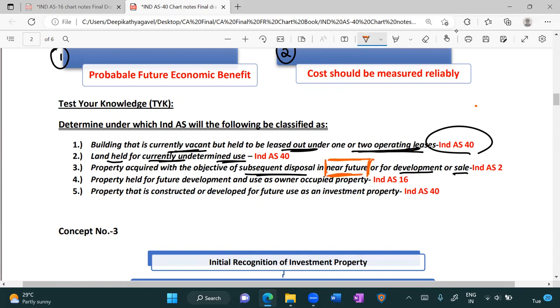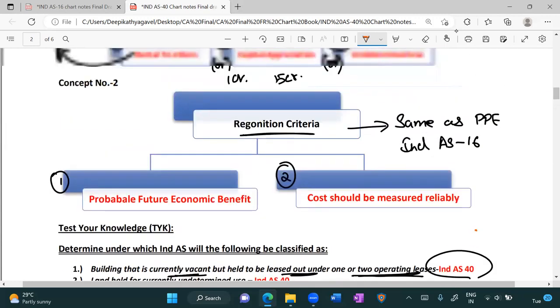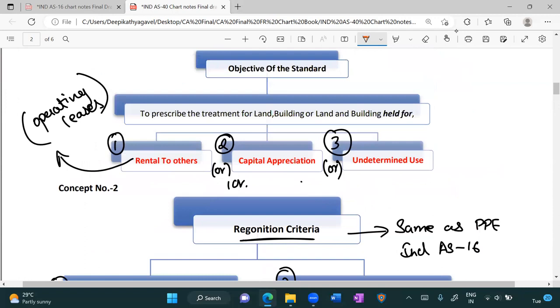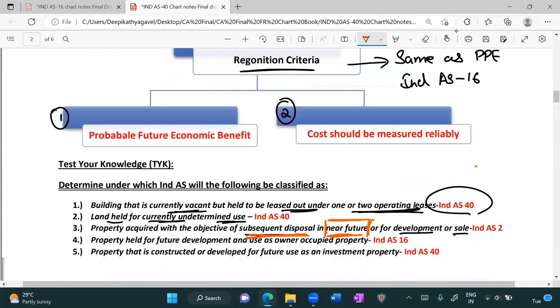To subsequently dispose of it, right, and to earn out of it. Then why will some people say this should come under IND AS 40? But it is not so. Why? Because it says it is for subsequent disposal in the near future, right? So usually when I say capital appreciation, it is usually considered to be long term. And if it is in the near future, it comes under current.